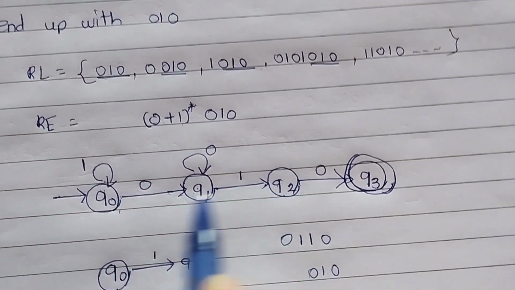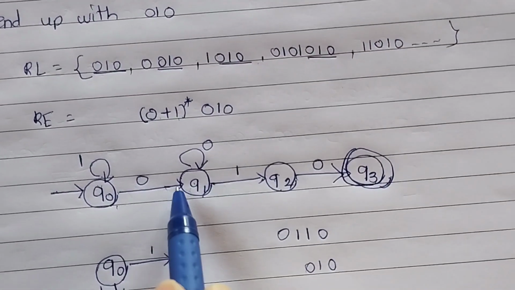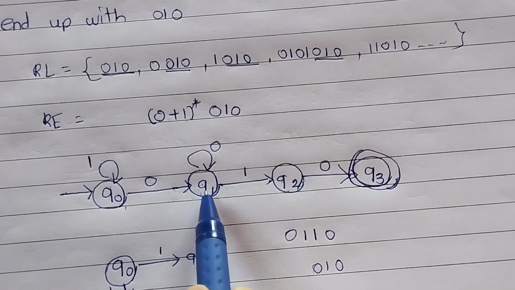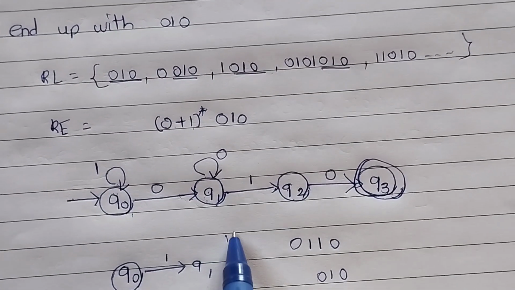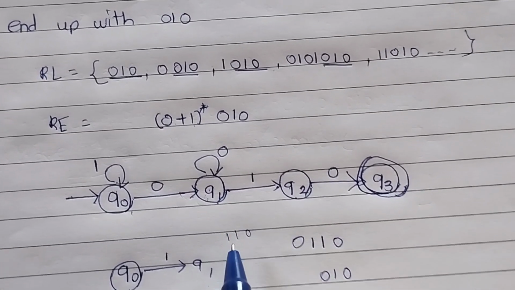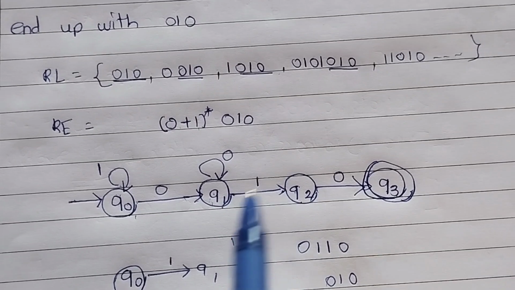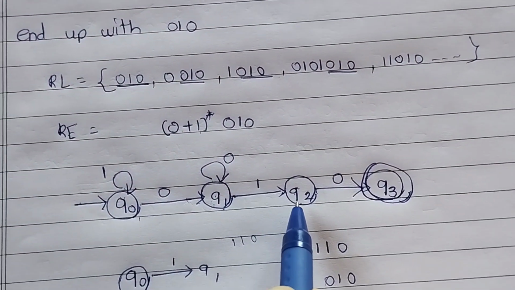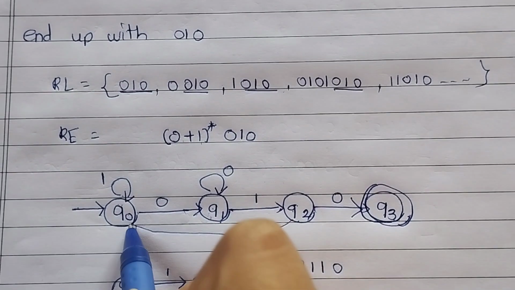So for that we think about only these two. And if we give 1 to q1, and the condition comes as only 1 1 0, then this is also accepted, but it should not be accepted, so we transfer this 1 to q0.